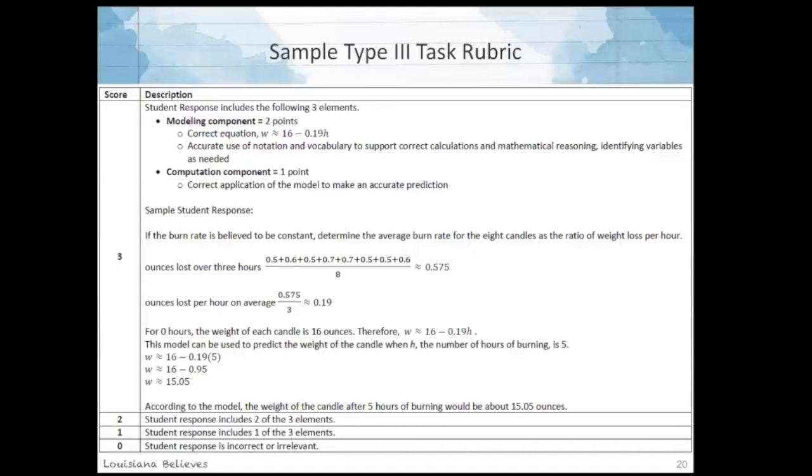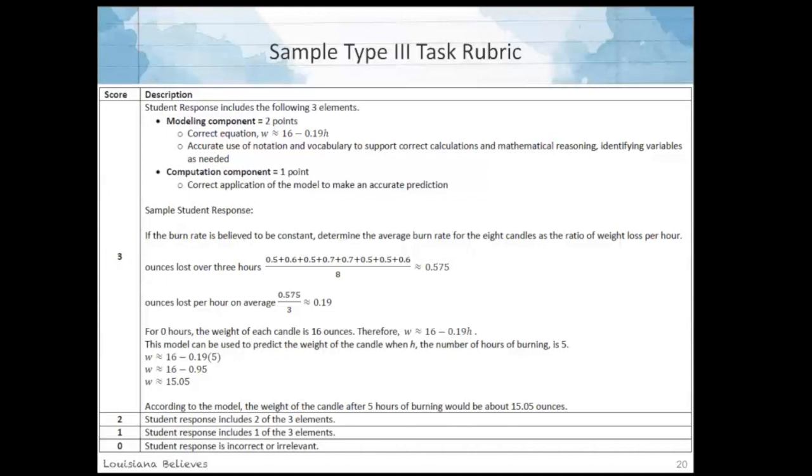So there would be a point for a correct equation or a valid equation, and then a point for accurate use of notation and vocabulary, defining variables or identifying variables as needed. So that's a precision point comes in there. And then a computation point for making that accurate prediction. So they then use their model to come to this answer of 15.05.